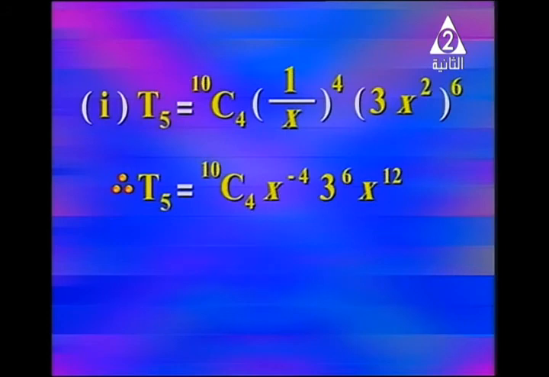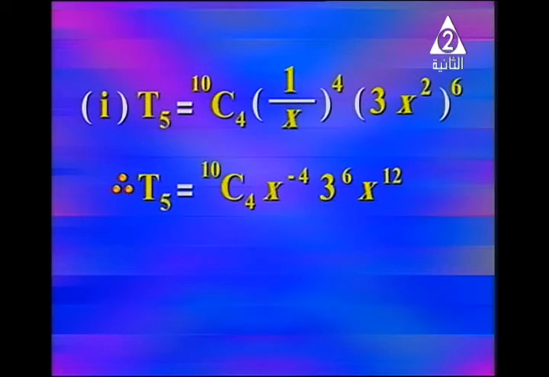Then T5 equals 10C4, x to the power negative 4, 3 to the power 6, x to the power 12. By distributing, the power 2 times 6 is 12. Look at x to the power negative 4 times x to the power 12, which is x to the power 8.